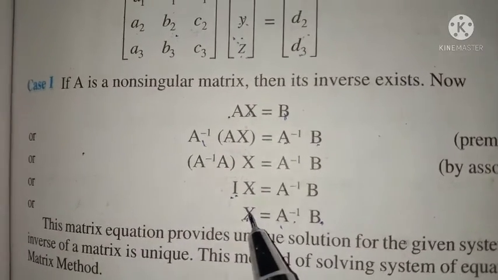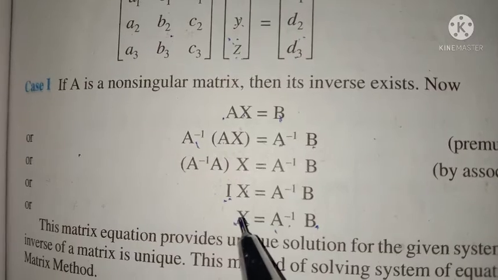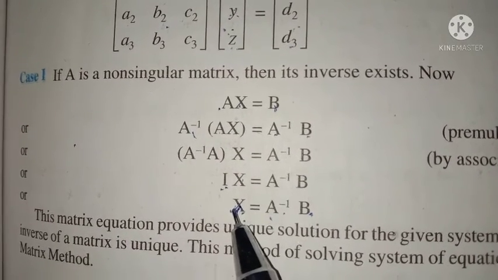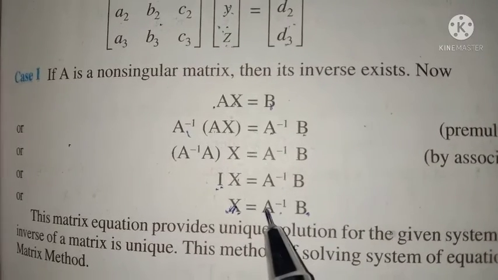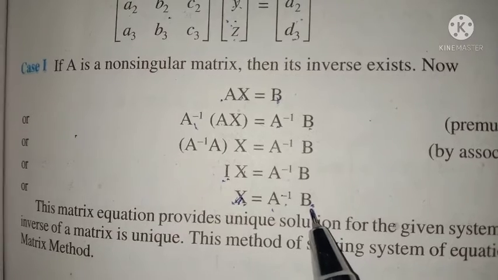That means X is the variable matrix, the variables are the solutions of our equations, and these solutions are obtained by multiplying the inverse of the coefficient matrix with the constant matrix.